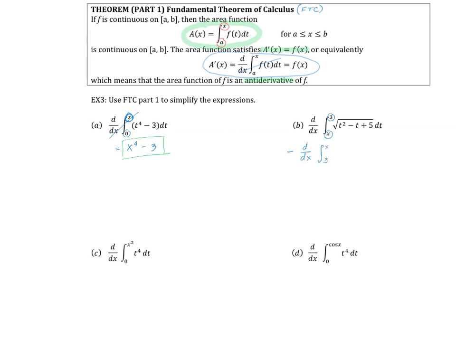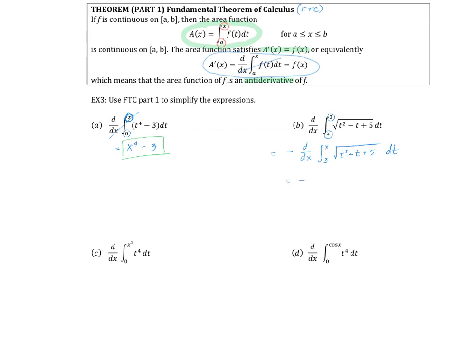So now I can start with 3 and end with x, and then use the fundamental theorem of calculus to simplify the square root of t squared minus t plus 5 dt. So by the fundamental theorem of calculus, this is going to be equal to a negative.